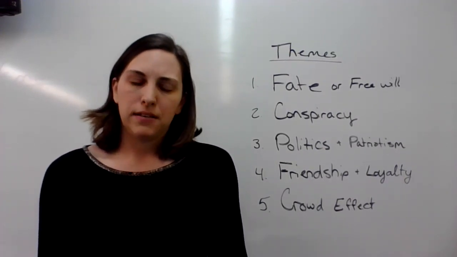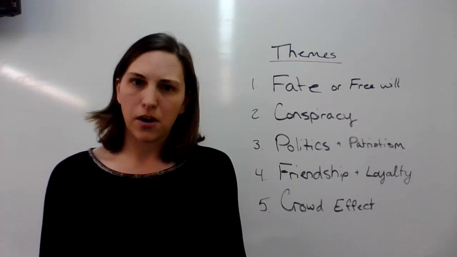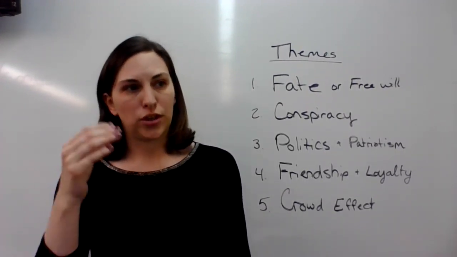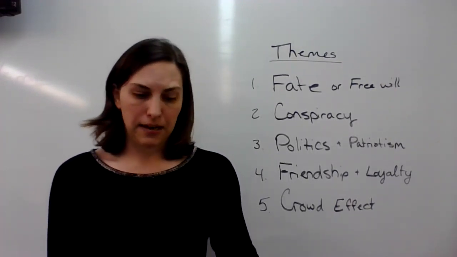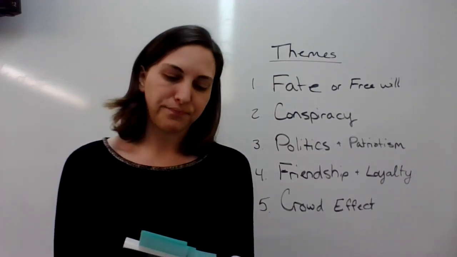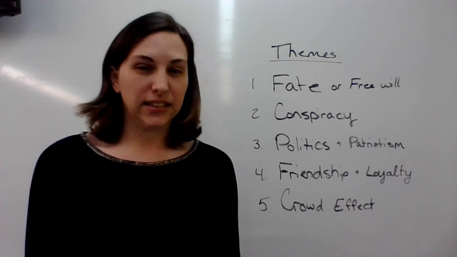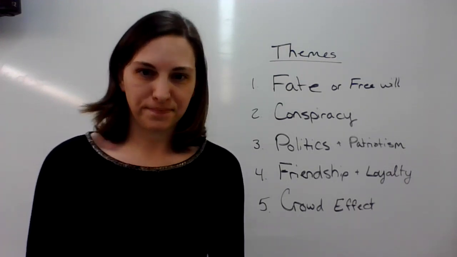Many times the goals that people have when they're rising to power are selfish, and many times the people that are trying to prevent people from getting into power are selfish as well. But Brutus thinks he's got the most noble ideas here in keeping Caesar from coming into power. I think Cassius just doesn't like Caesar, and so he wants to get rid of him.